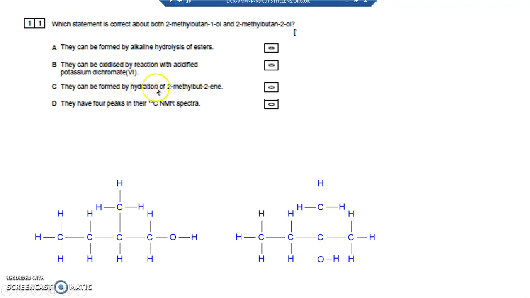Both be formed by the hydration of methylbutene. Let's think about methylbutene. Butene, it's got a double bond between carbons number 2 and 3. So the hydration is adding an H and an OH. Now the OH could go into carbon number 2 or carbon number 3. If the H and the OH added across the double bond, it would never form the OH on carbon 1.